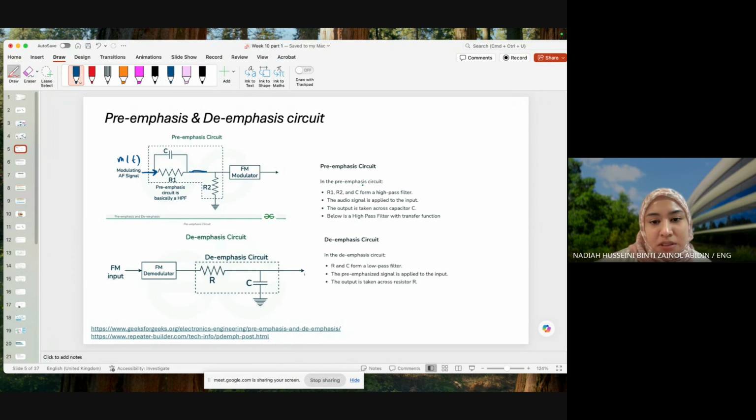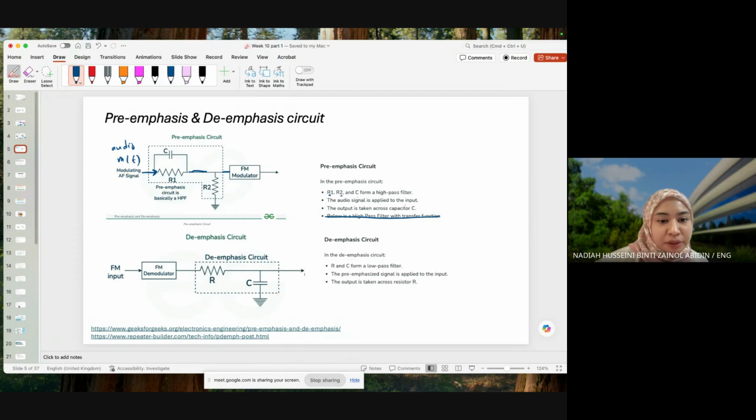So in the pre-emphasis circuit, R1, R2, and C form a high pass filter. The audio signal is applied to the input. The output is taken across the capacitor, or across here. Below is a high pass filter transfer function. Ignore this part. We are not dealing with transfer function in this class.